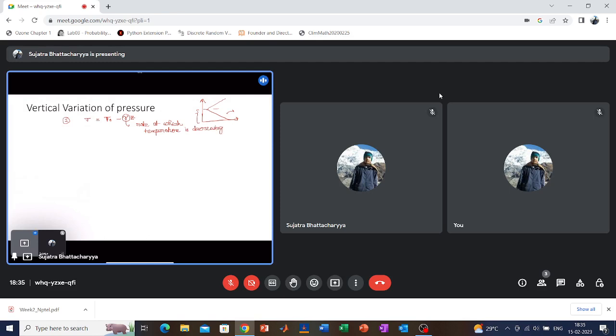So decreasing with height. Okay, and this gamma is also called the lapse rate. This is the lapse rate.